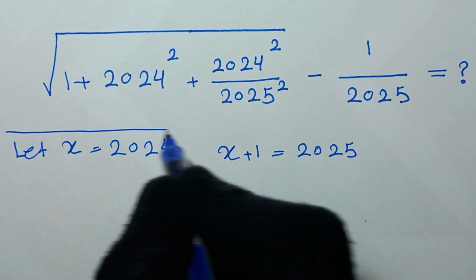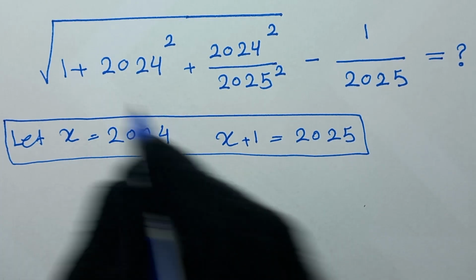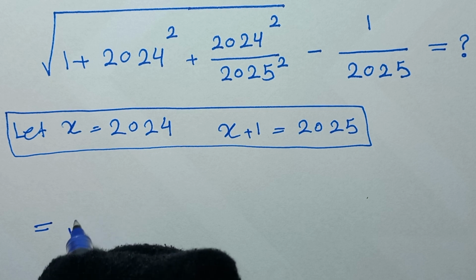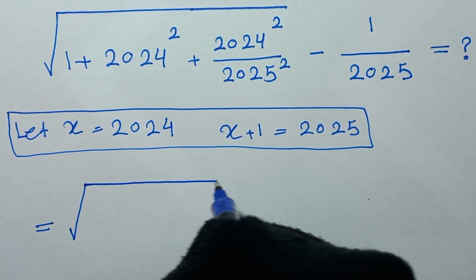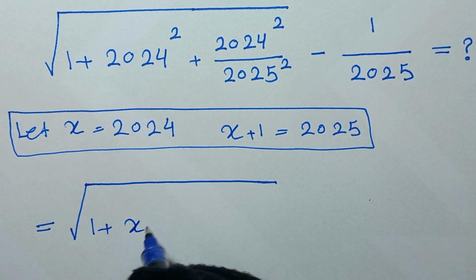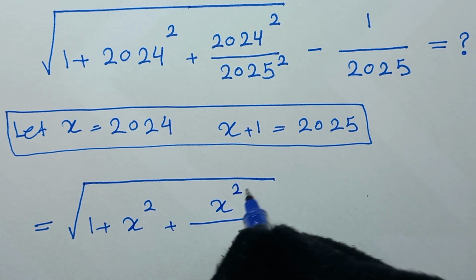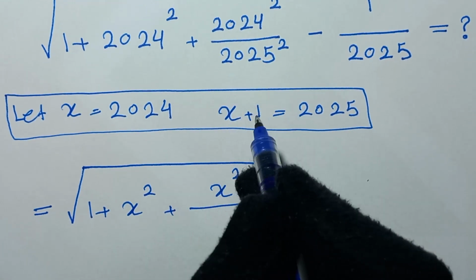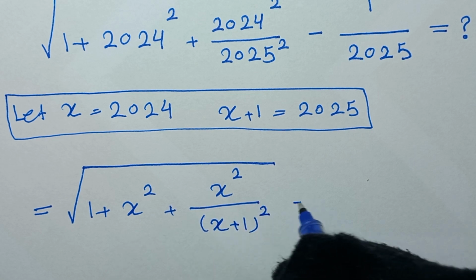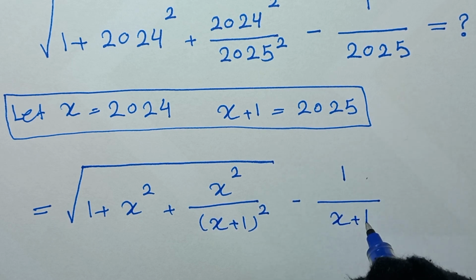So we substitute into this equation and it will be the square root of 1 plus x to the power of 2 plus x squared over (x plus 1) to the power of 2, and minus 1 over 2025, which is x plus 1.